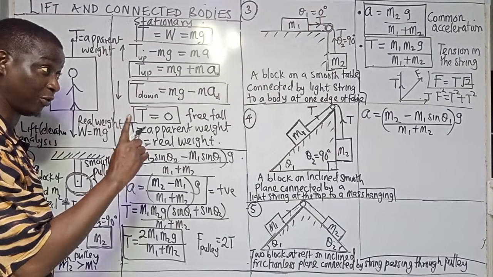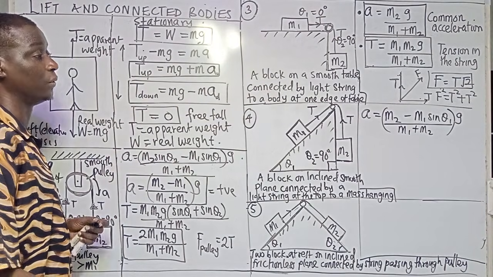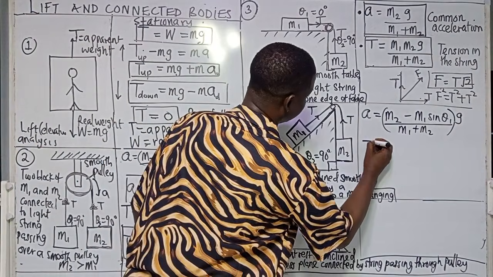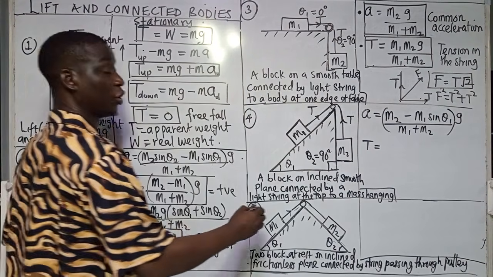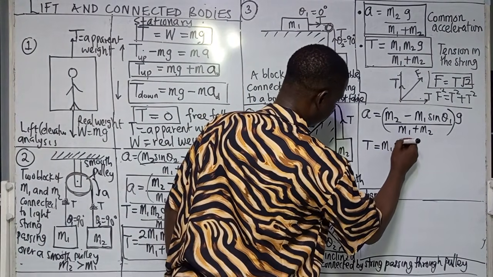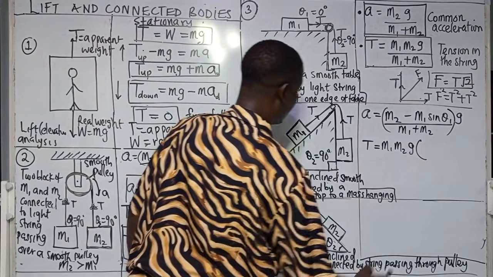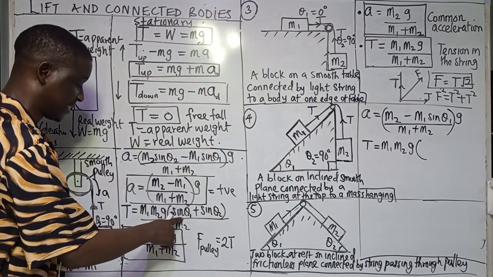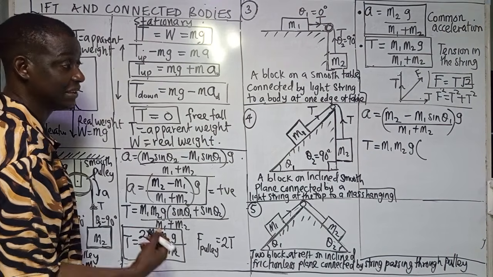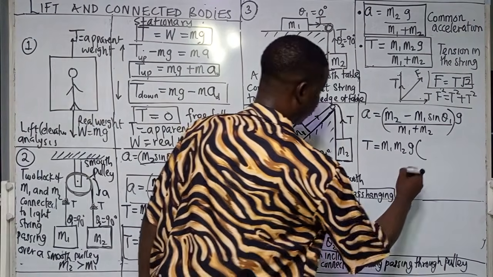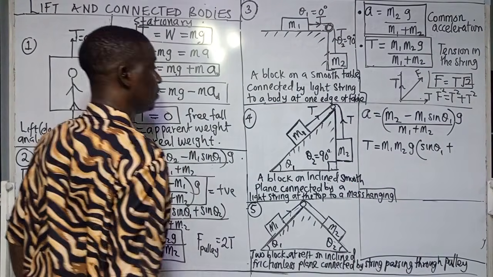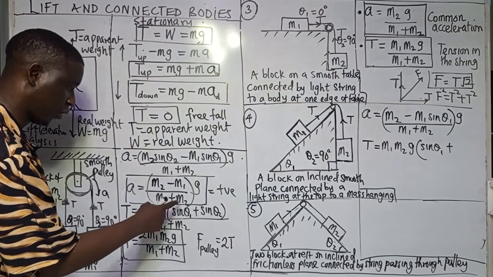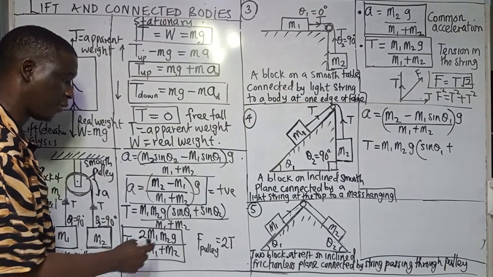There is also the common question they will ask you. The last one I want to talk about, I will only give two, is tension. How do you find tension? You use this formula: the product of the masses times G, open bracket, sine theta 1 plus sine theta 2.